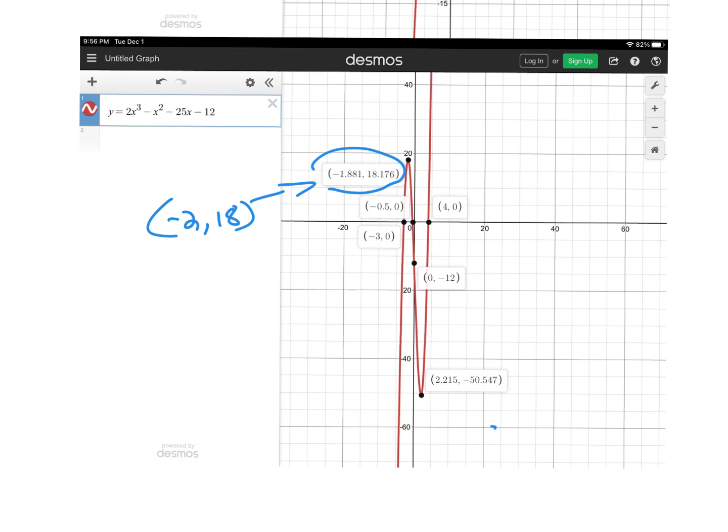And then over for this additional point, I'm going to plug in +2 and I get -50. Notice the lowest it gets is the 2.215 and it goes as low as -50.547. So again, all I'm looking for is the general direction, how my graph is wiggling there in between those zeros.